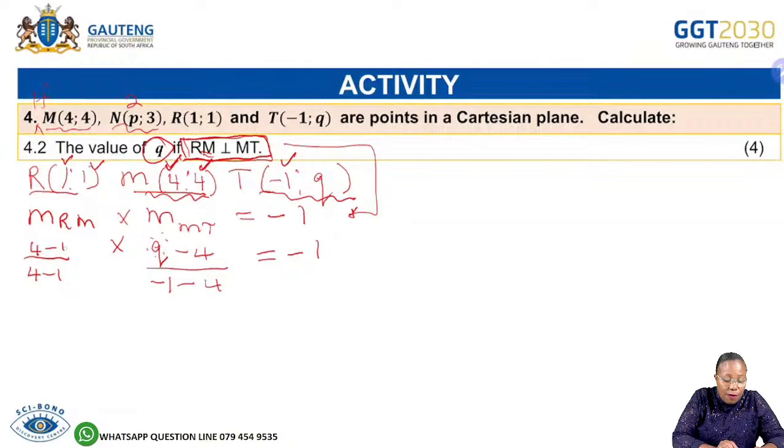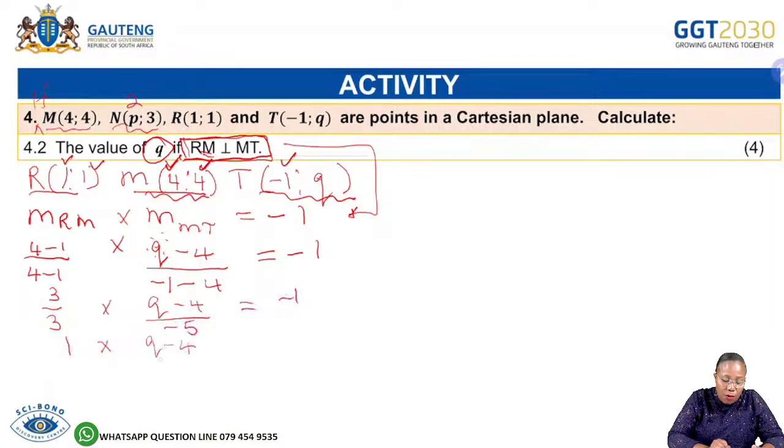And then now we have 4 minus 1, which is 3, and the 4 minus 1, 3 there, multiplied by Q minus 4 over minus 1 minus 4, which is minus 5, equals negative 1. And then 3 over 3 is 1, times Q minus 4 over 5, and then equals negative 1.